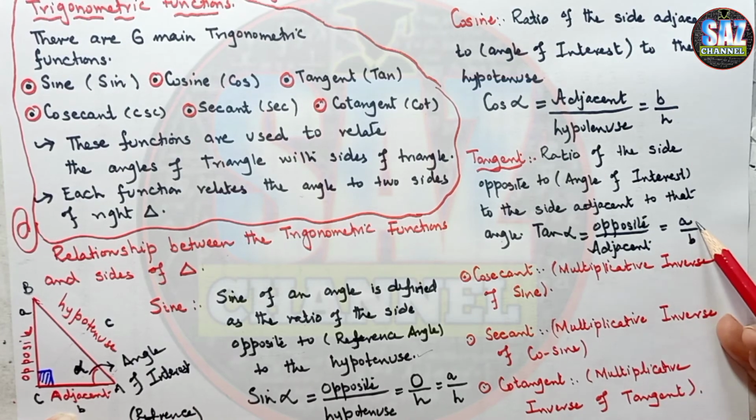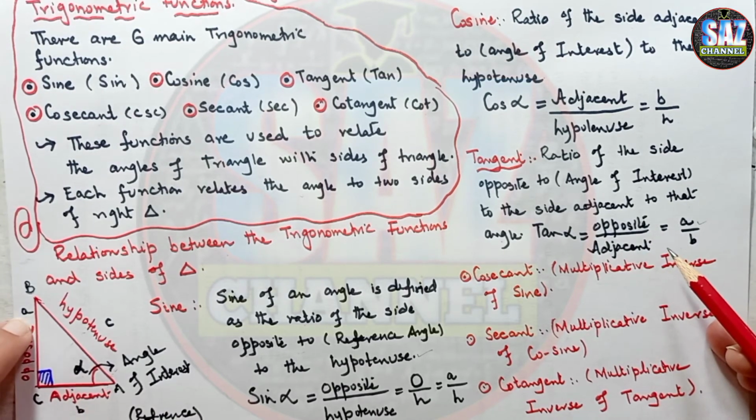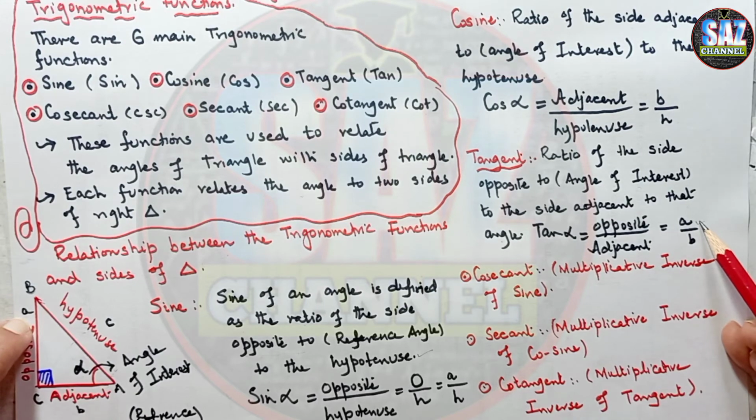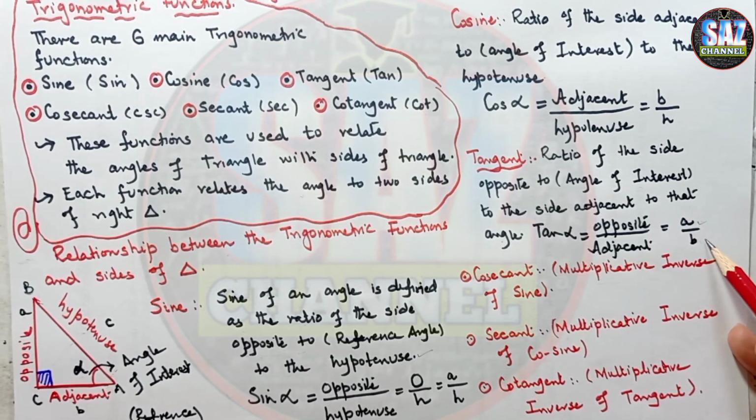So tangent alpha will be written as perpendicular upon adjacent, or opposite upon adjacent. In the diagram, opposite has the name A and adjacent has the name B, that's why we are writing it as A over B.